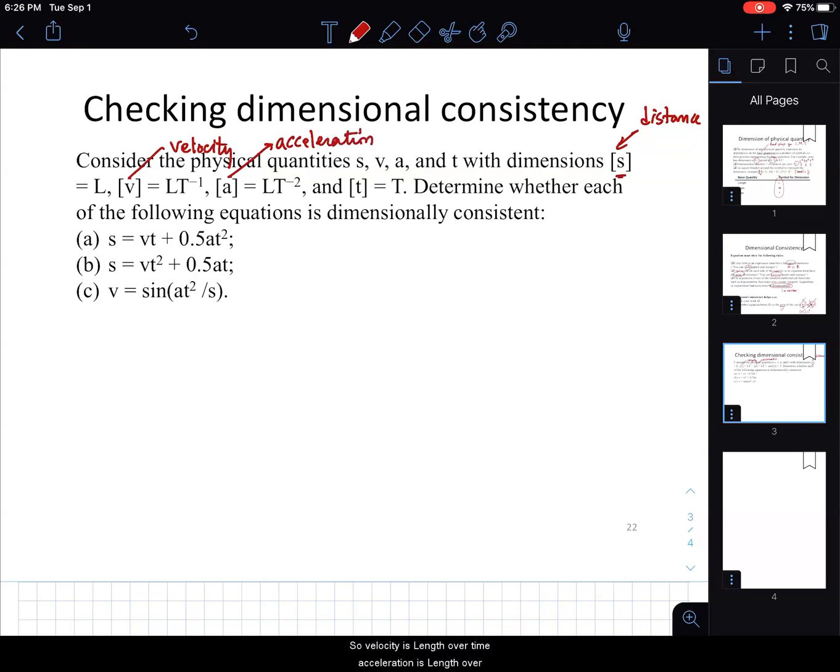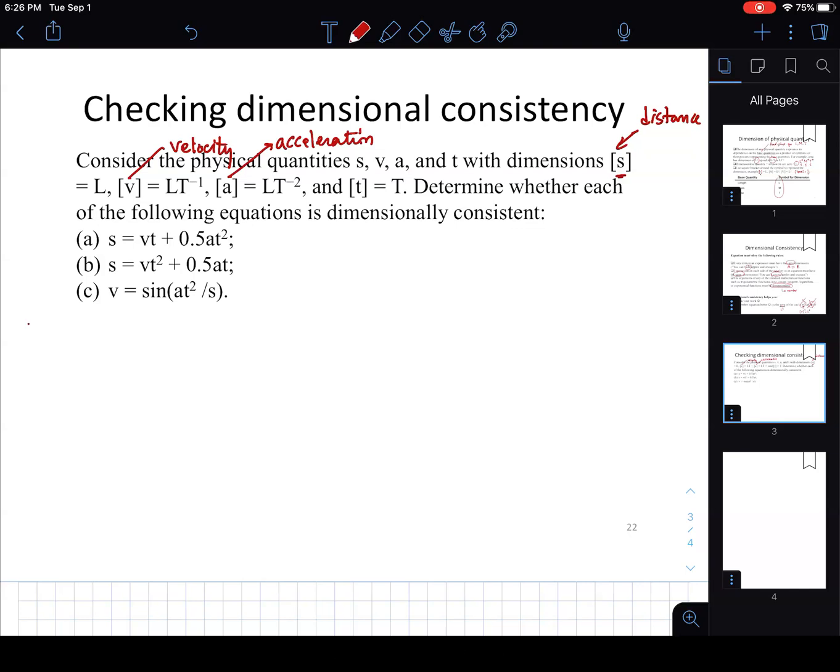Velocity is length over time. Acceleration is length over t squared. And the dimension of time is T. Our job is to determine whether each of the following equations is dimensionally consistent.